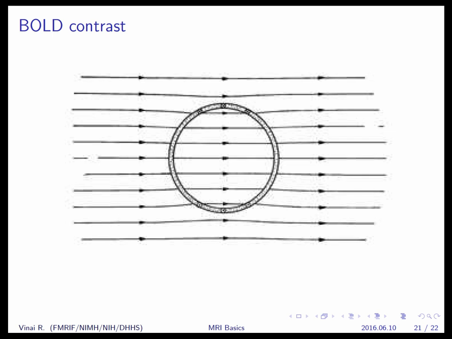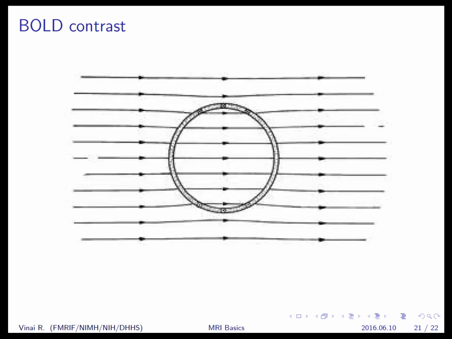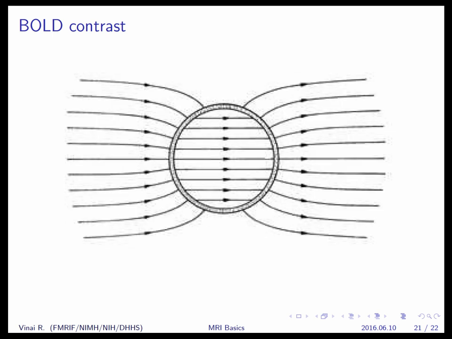So if you use the same timing parameters to measure these two conditions, you should actually get more signal in this case than this case. And that's just because, again, the difference is smaller here between the inside of the blood vessel and the outside than it is here. Okay.